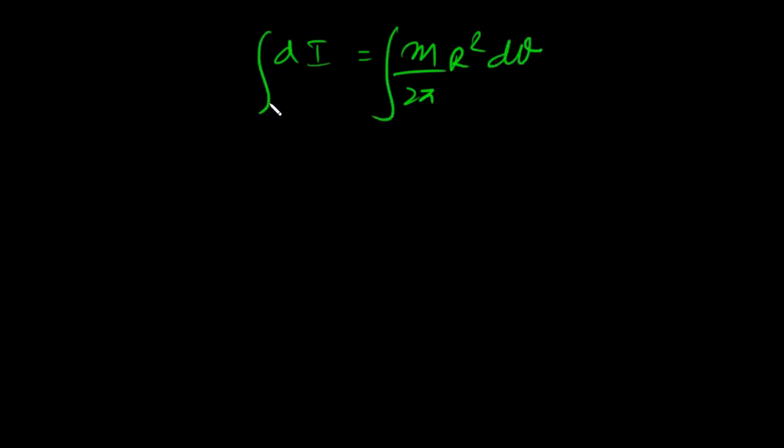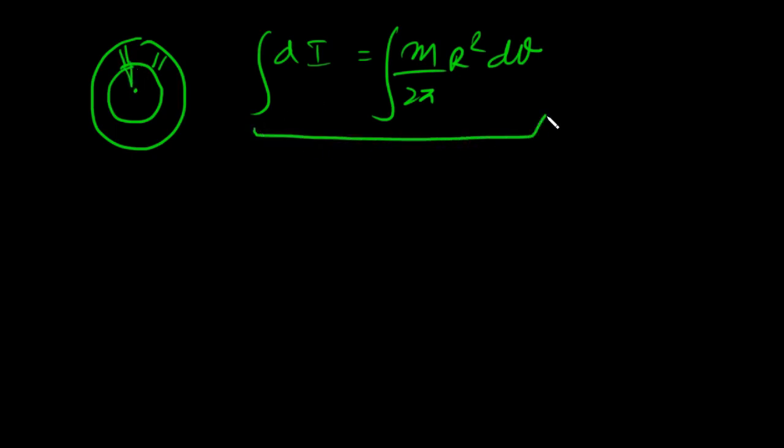Now we will integrate this. How can I integrate? Because of symmetry. We can take any infinitesimal mass, it will make an angle, and the infinitesimal moment of inertia will be this. So they can be added up. This will go from 0 to 2 pi. If I consider this as 0, this will go for the whole ring, from 0 to 2 pi.